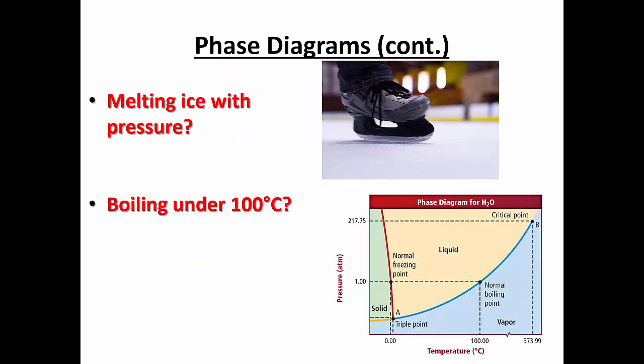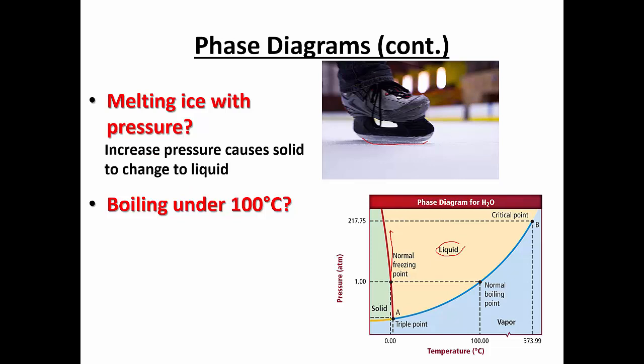When you're ice skating, you're applying pressure to the ice. As you apply more pressure, we actually move into the liquid stage. So increased pressure causes solid to change to liquid, and you're actually skating on a fine layer of liquid as you go. Now boiling under 100 degrees Celsius: our normal boiling point is at 1 atmosphere, 100 degrees Celsius.